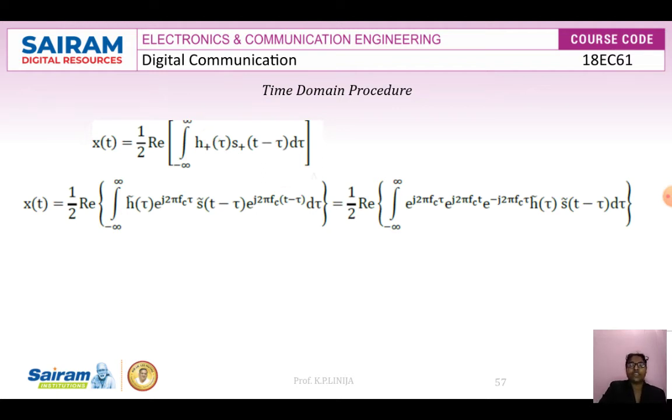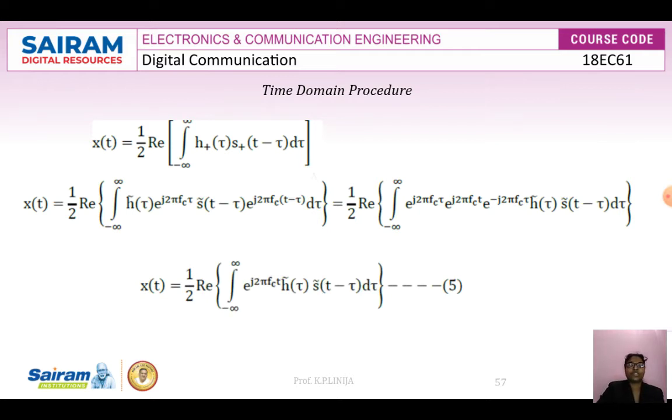Therefore, finally we are getting 1 by 2 real part of e power j 2 pi fc tau, because t minus tau can be split into e power j 2 pi fc into t, into e power minus j 2 pi fc into tau, into h bar of tau into s bar of t minus tau into d tau.